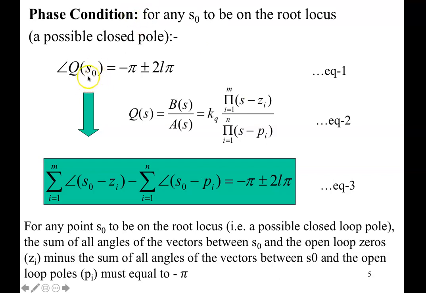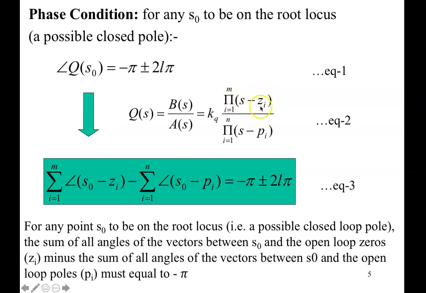So if s0 is part of a closed loop system, I substitute that into here, find the angle, and then I should end up with minus pi plus or minus 2L pi. Because for the phase condition we are only interested in the angles, substitute s0 into s. s0 is a complex number, and zeros are complex numbers.